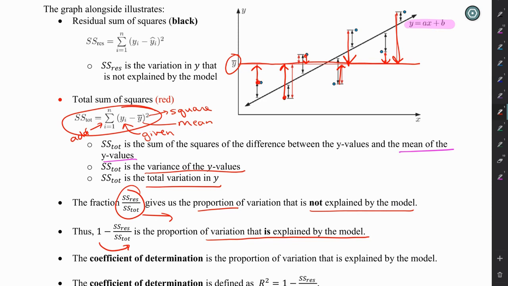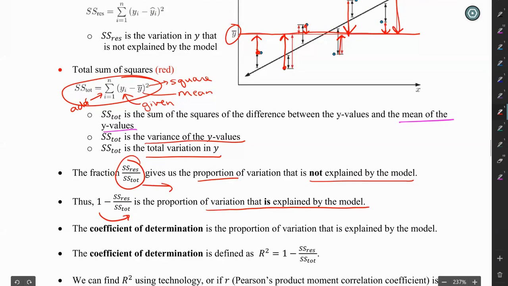The coefficient of determination is what we just found, and that is the proportion of the variation that is explained by the model. So the model can explain a certain percentage of the variation in the values, and what's left over can't be explained by the model. In life, in math, there are some things where we can't explain where the variation comes from.